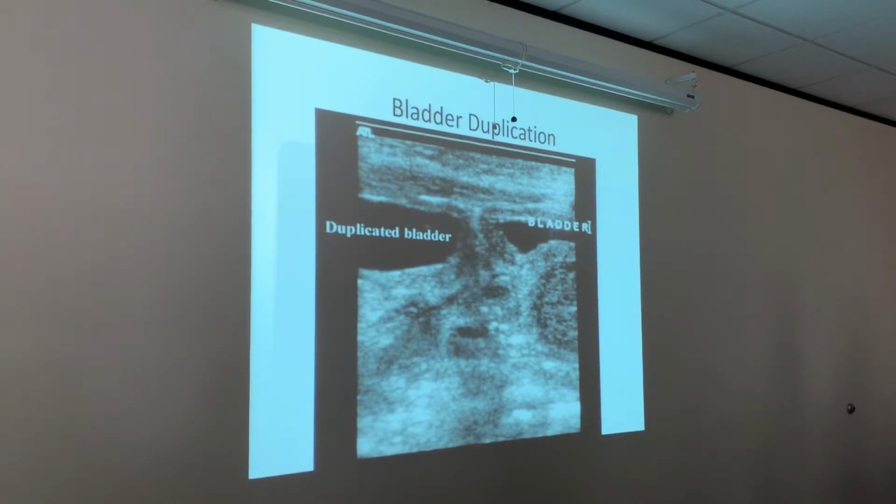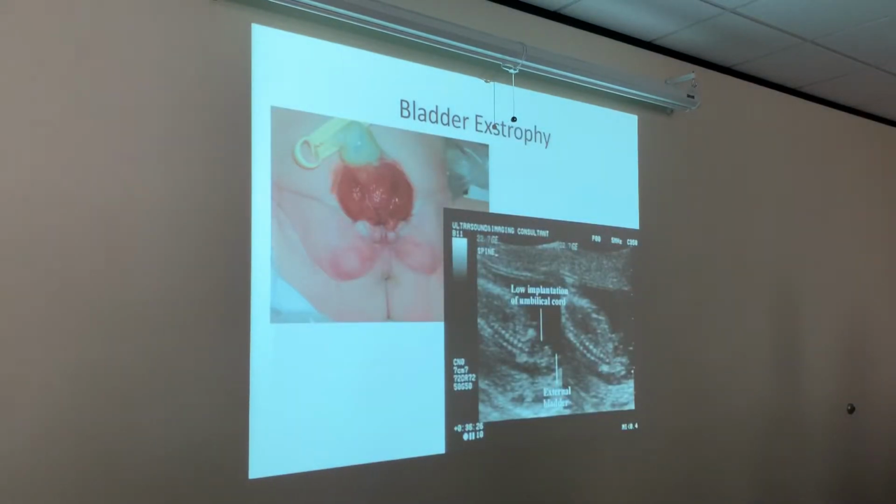A bladder duplication. I can have two bladders. Okay? Bladder exstrophy. My baby can be born with the bladder outside of the body. The muscle wall does not form and close over the bladder, causing the bladder to be exposed. So are those two here?